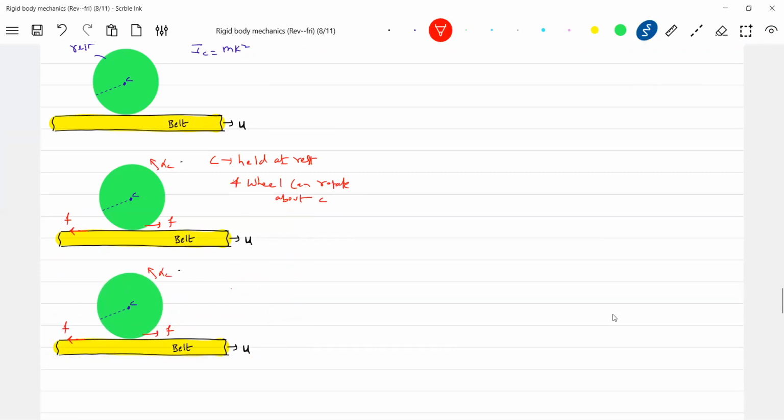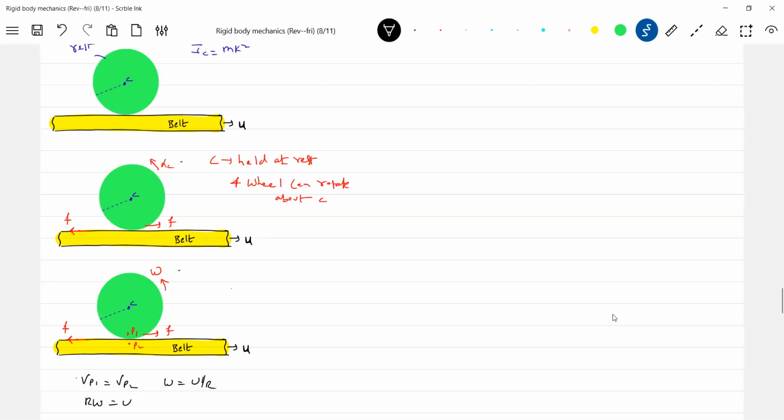So finally, what will happen? This will be rotating with an angular velocity omega. The velocity of this point should be equal to velocity of this point. Vp1 equal to Vp1 will be R omega. This is U. So what is omega? Equal to U by R. Now what is the kinetic energy of the disk?